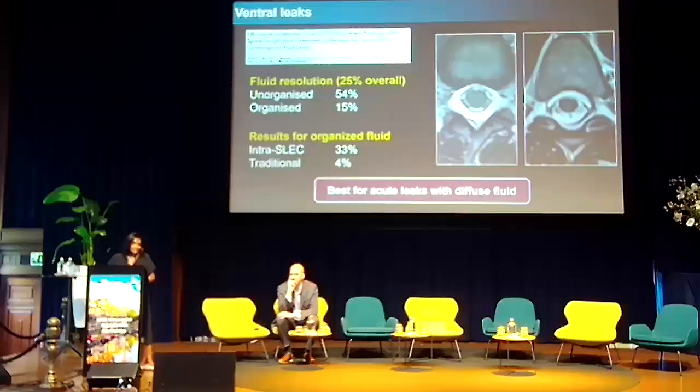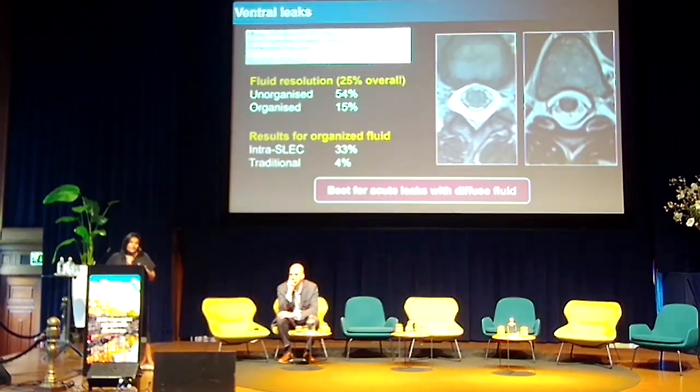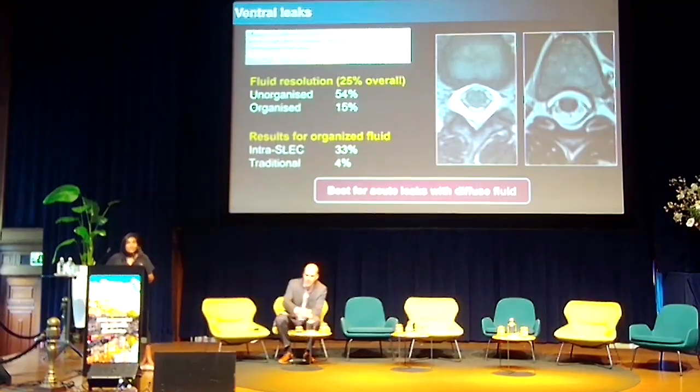to cure the defect. So what has the evidence showed us from Mark and Andy's most recent paper on traditional epidural patching? Well, in terms of the fluid resolution, which is what we can imply is a dural defect closure, it's 25% overall, which is pretty low when you compare it with surgical repair.